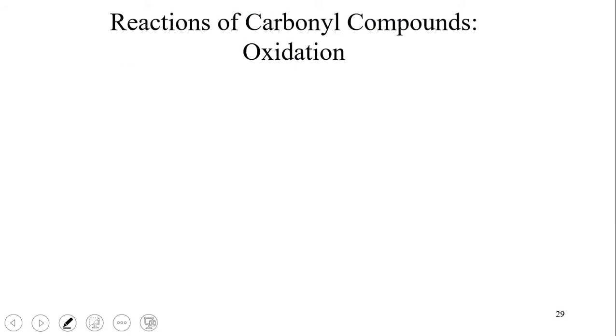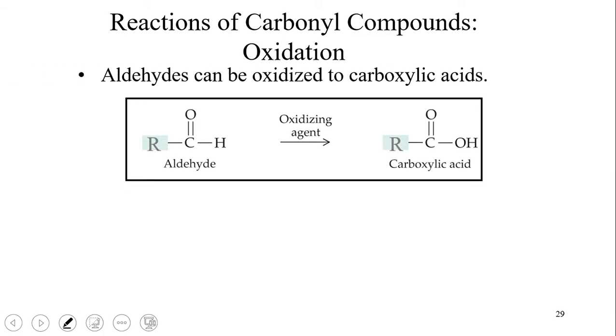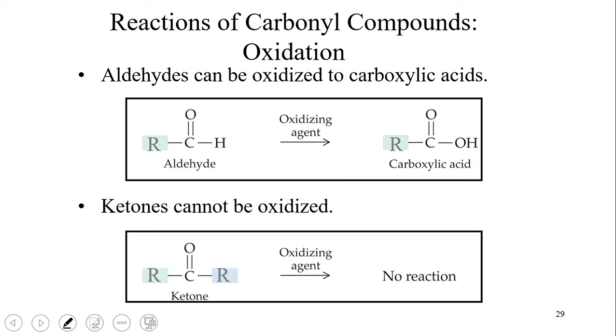Let's look at some reactions of carbonyl compounds. First of all, of course, oxidation. Aldehydes, as we saw in the previous section, can be further oxidized by an oxidizing agent to form a carboxylic acid. Ketones, on the other hand, because the carbon is connected to other carbons and to no hydrogens, have no possibility of further oxidation, so ketones are not going to respond to an oxidizing agent, whereas aldehydes will.